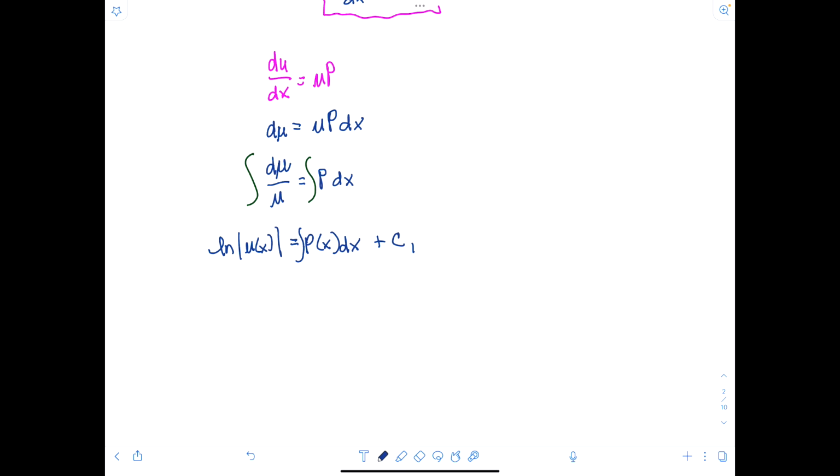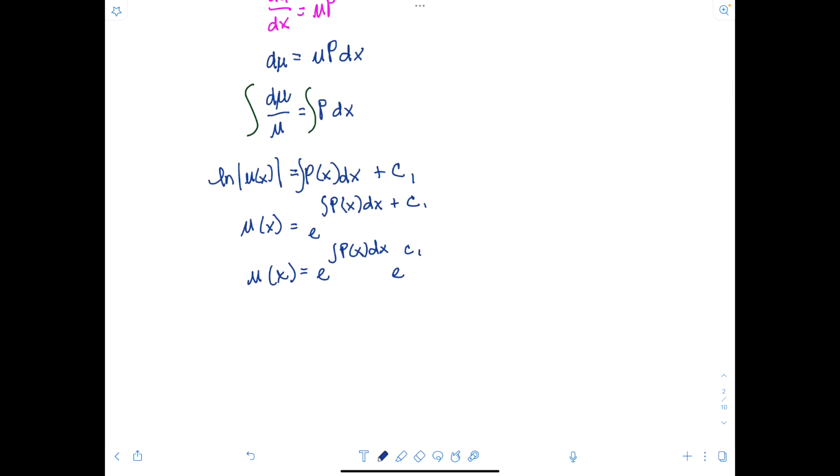So now, what are we going to have? Well, if we write this in exponential form, then we will have mu at x is equal to e raised to the integral of p at x dx plus some c1. Well, this is equivalent to e to the integral p at x dx times e to the c1.